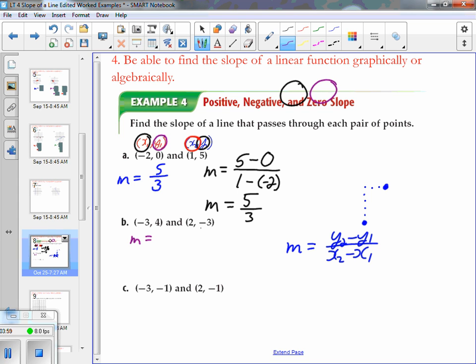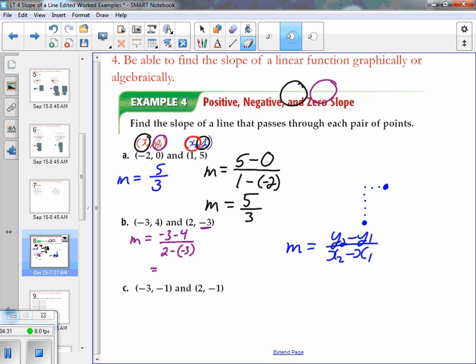So y2 means the y coordinate of that second point, negative 3, minus y1. That's the y coordinate of the first point, 4. Then we move to the denominator. x2, that's the x coordinate of the second point, 2, minus x1, that's the x coordinate of the first point, negative 3. And then we simplify.